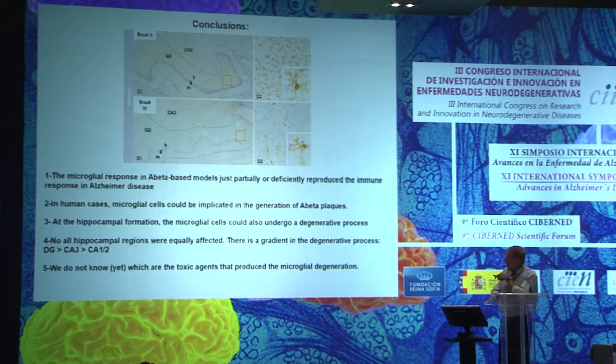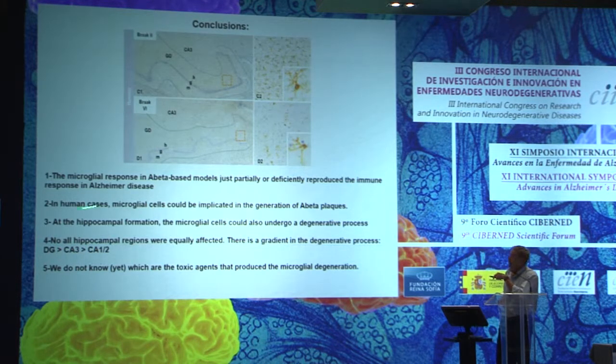So as a conclusion, I think the most relevant conclusion of this talk is that the microglial response in A-beta-based models just partially, or maybe deficiently, reproduces the immune response in Alzheimer's disease.